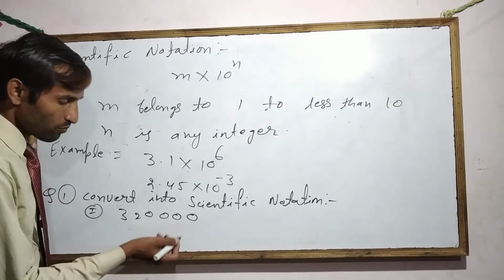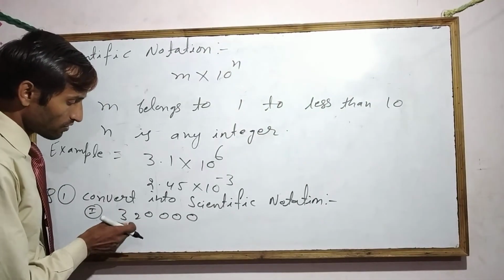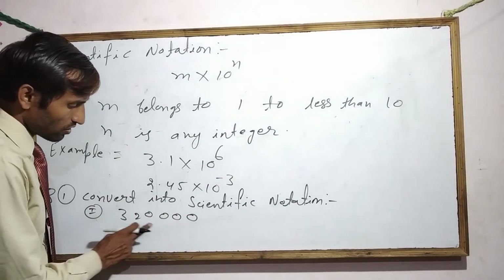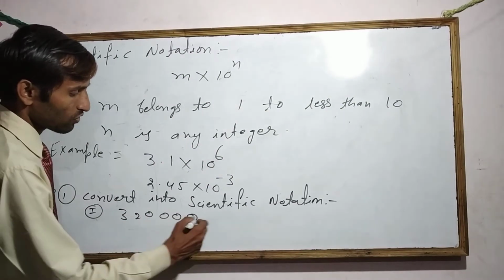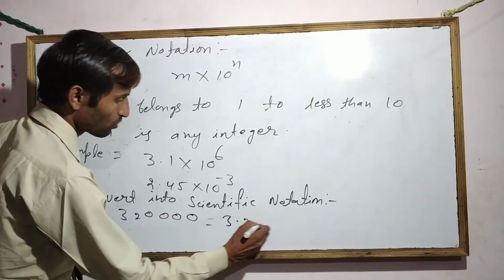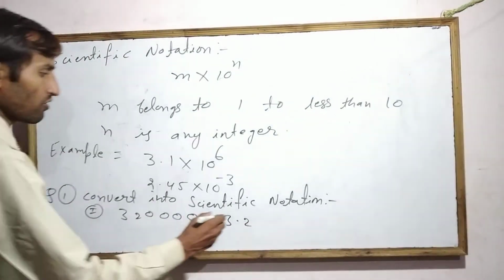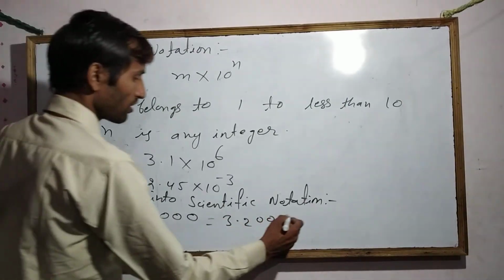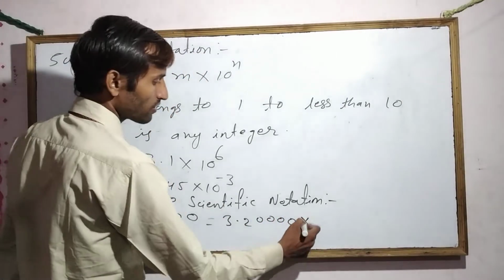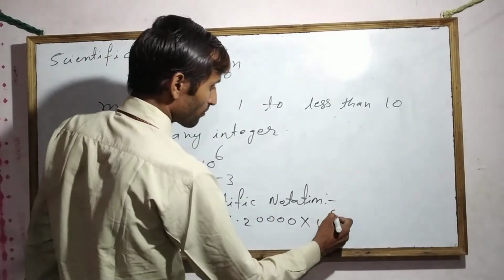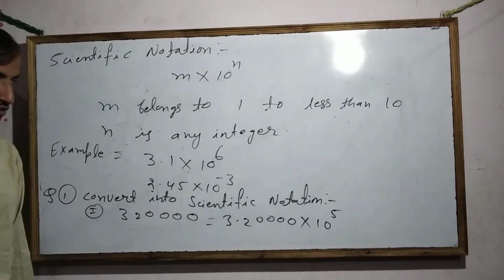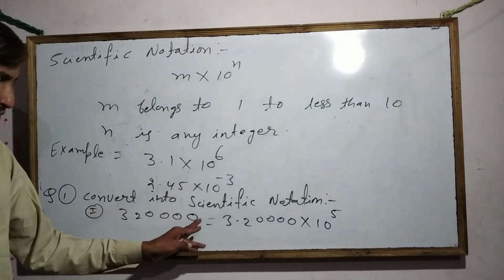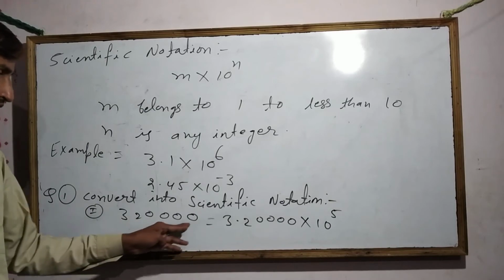So how will we put the point? This is the main problem. 5 digits are there, so you write 3.2, and if you want, you can write 0, 0, 0, 0 also. Then the point came here, which means 10 power 5 will come, because I have shifted this point by 5 digits.